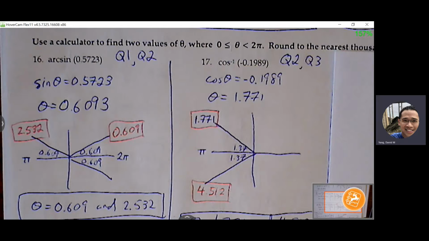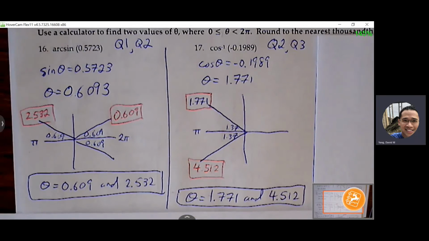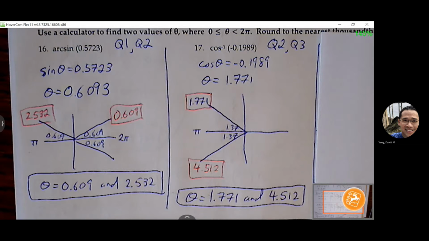Okay, here's 17. Any questions with 16 or 17?